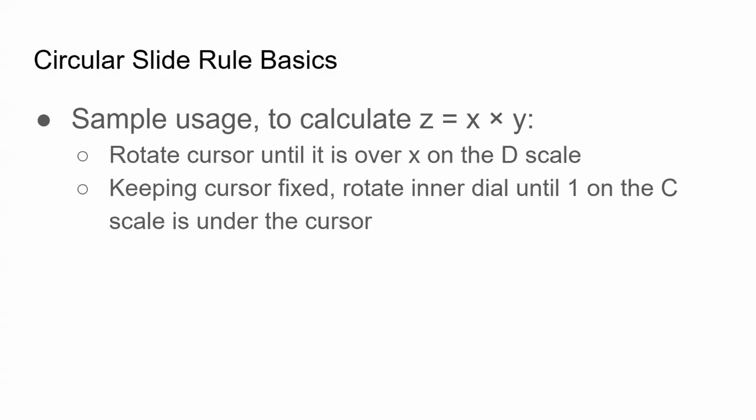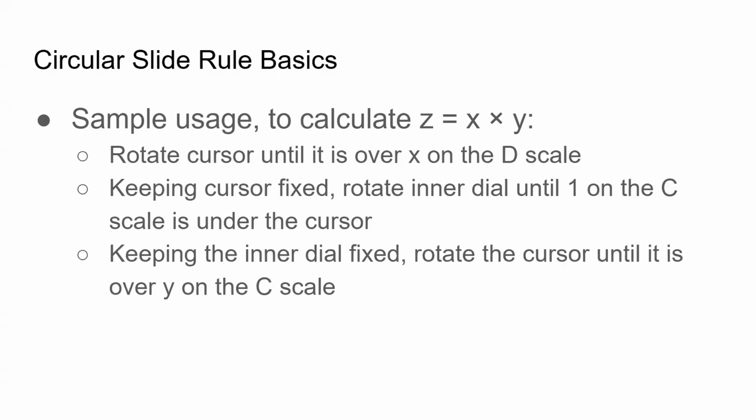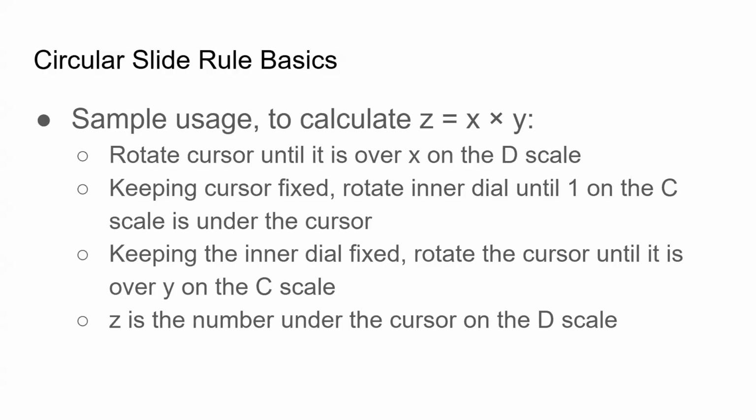Then keeping that cursor fixed, we would rotate the inner dial until the 1 on the C scale is under the cursor. And then keeping the inner dial fixed, we'd rotate the cursor until it's over y on the C scale. And so in that situation, our result will be the number under the cursor on the D scale.